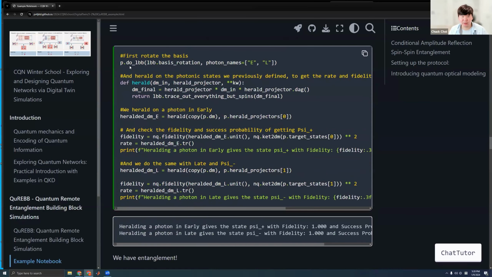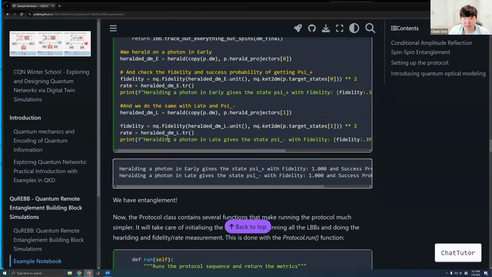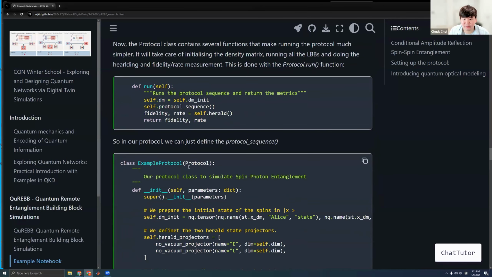After all, these are pretty high level descriptions. Again, you need to do the LBB, or you need to do the heralding operation for the heralding. You can also get your fidelity and the rate out of this heralded density matrix and the states, to get your fidelity and the rate of the entanglement generation.